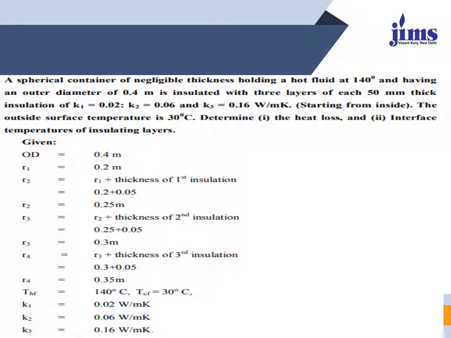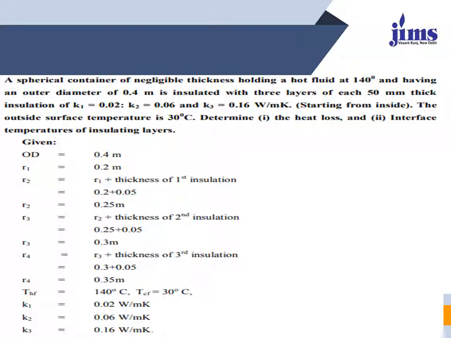So this is a case of a composite spherical container having layers of R1, R2, R3 and R4, and the final temperature and the initial temperatures are given as THF is equal to 140 degree centigrade and TCF is equal to 30 degree centigrade, or we can say THF stands for hot fluid, the temperature of the hot fluid is equal to 140 degree centigrade, and the temperature of the cold fluid is 30 degree centigrade.